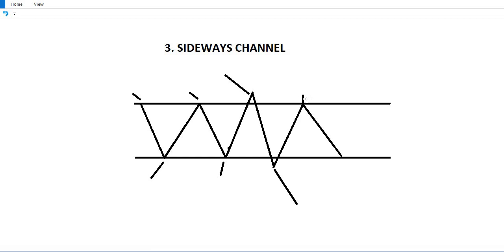At this touch on the upper trend line, the market needs to form either a pin bar or a bearish engulfing candlestick. And in this phase of the move to the downside, the market needs to form powerful bearish candlesticks. Then it is possible for the market to break the sideways channel to the downside. So this is the scenario for the market breaking the channel to the downside.